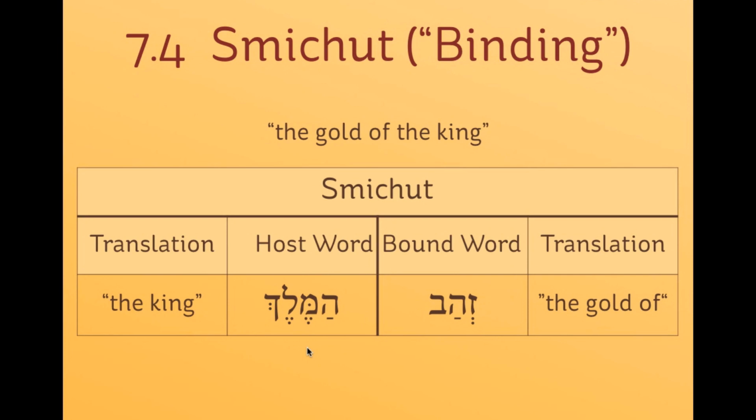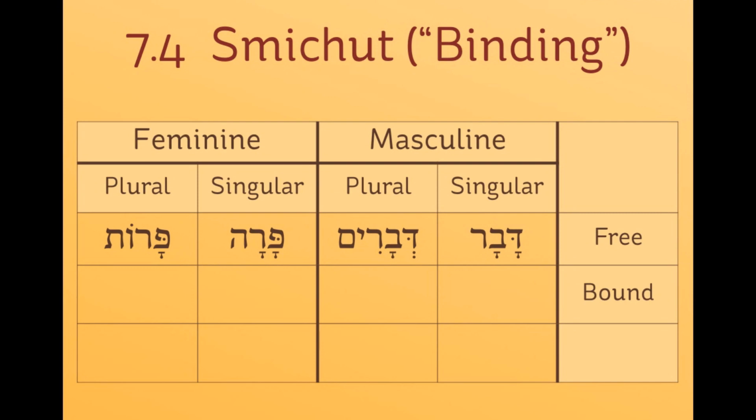Zahav HaMelech, which is why these vowels here are written differently than what you would expect. On the flashcard, these are written kametz, kametz, but the vowels have reduced here in this bound word to shva, patach, and this phenomenon of vowel reduction for bound words is quite regular in the language. And here's a chart to show that.